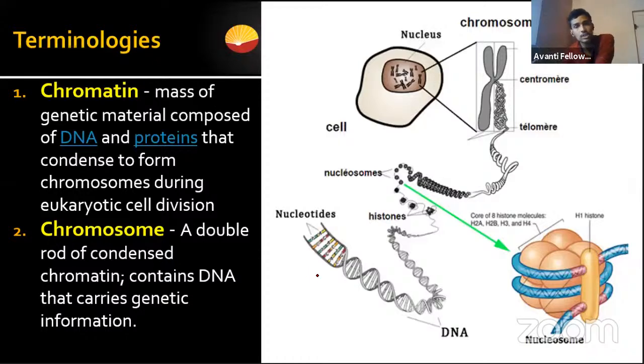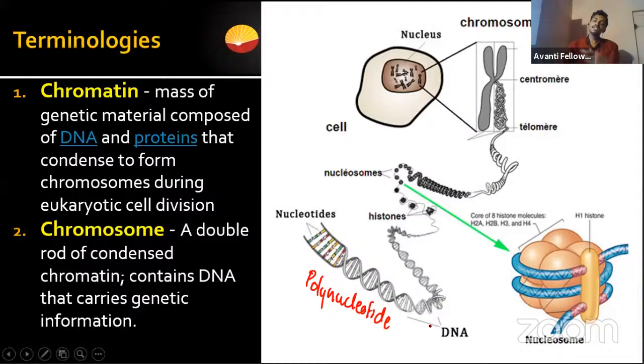I think you already know the structure of a nucleotide. When a nucleotide joins to another, it becomes a polynucleotide. This will give rise to DNA. Here we will confine ourselves to DNA only; we will not go into RNA. Remember, this DNA is a double helix and twisting, but it needs certain things to twist around, right?